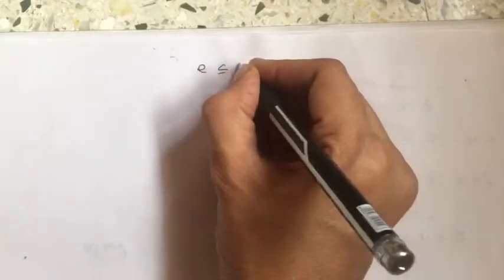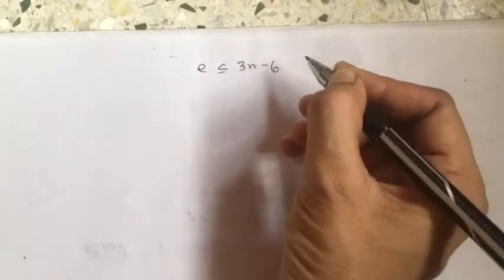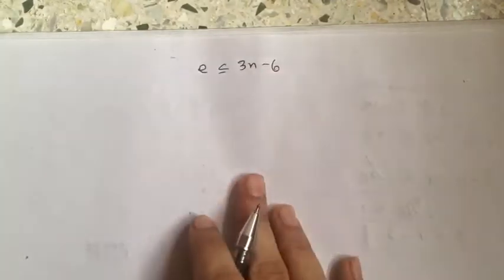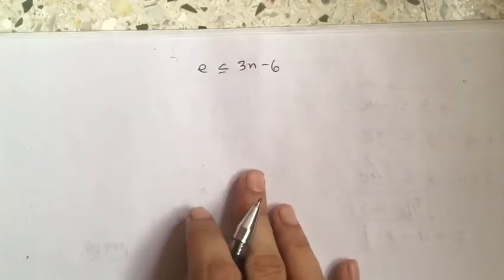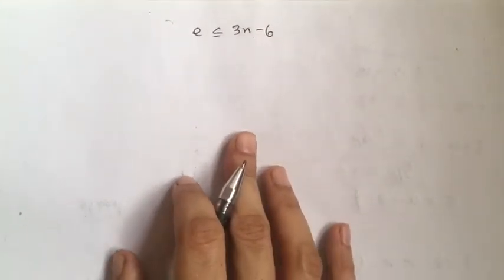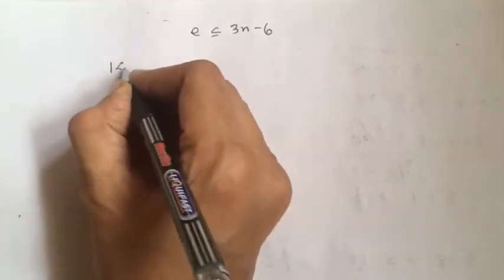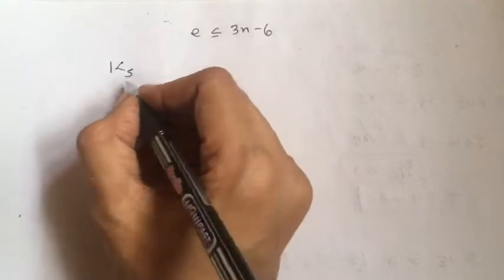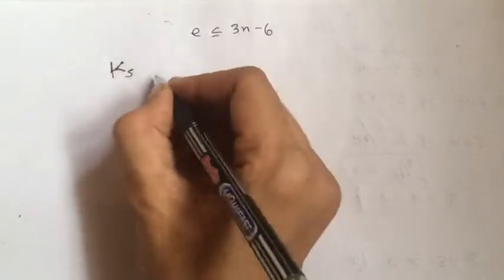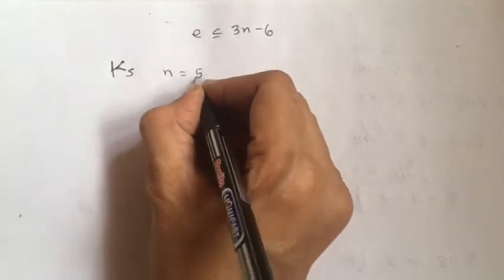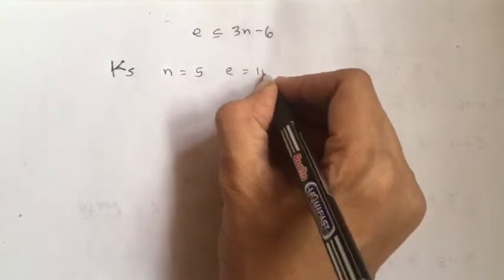This inequality, that is e less than or equal to 3n minus 6, is always useful for finding out whether the graph is planar or not. Suppose I take K5, I have the number of vertices as 5 and the number of edges as 10.